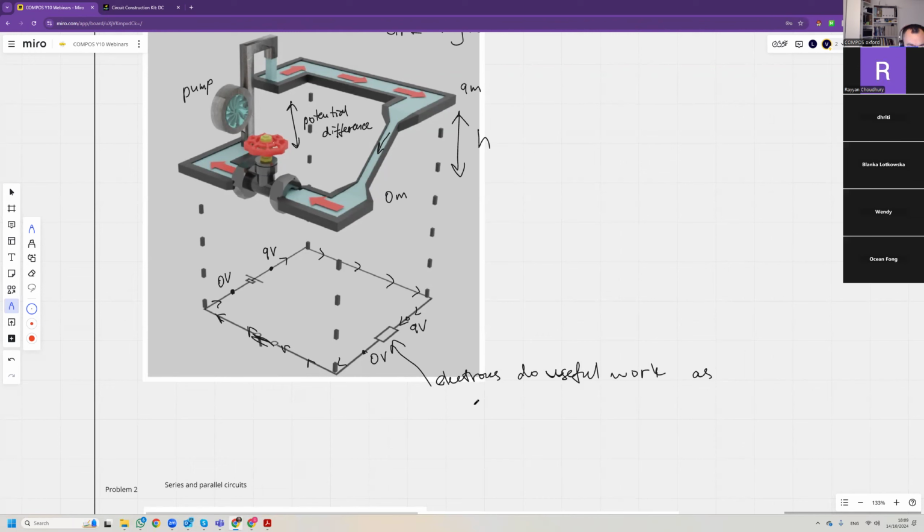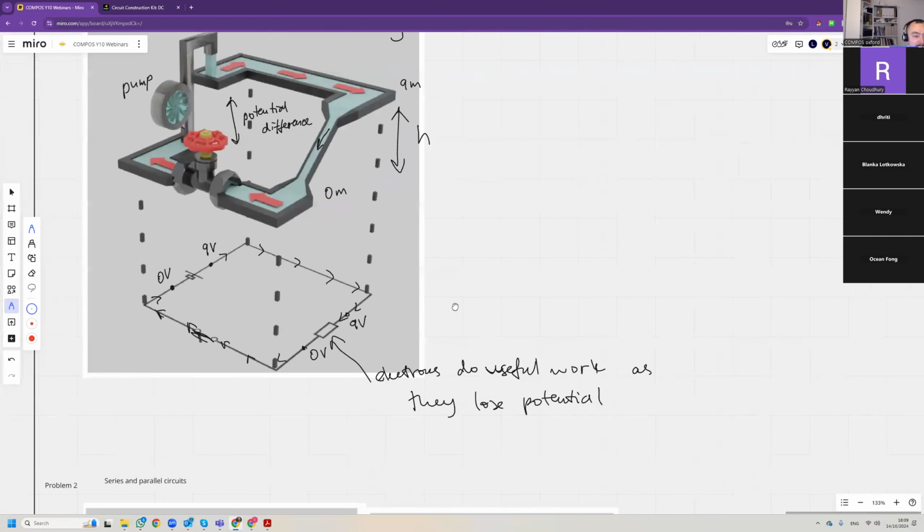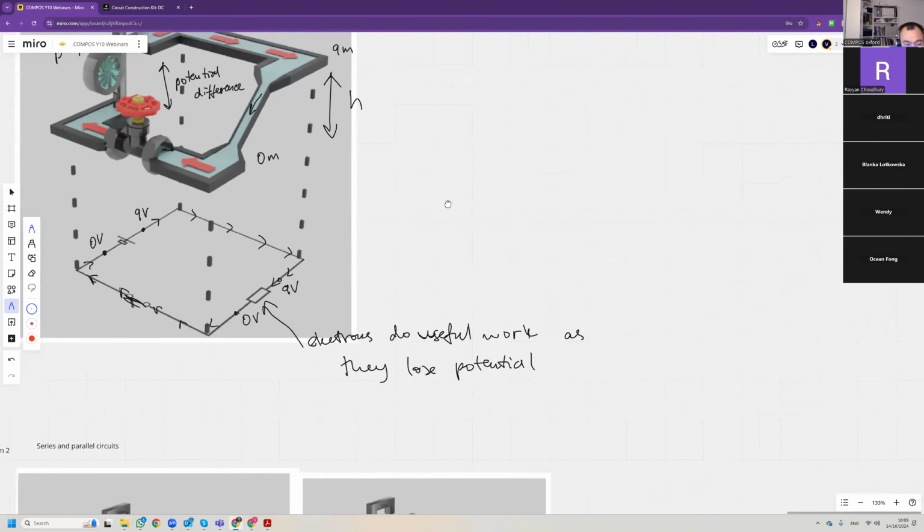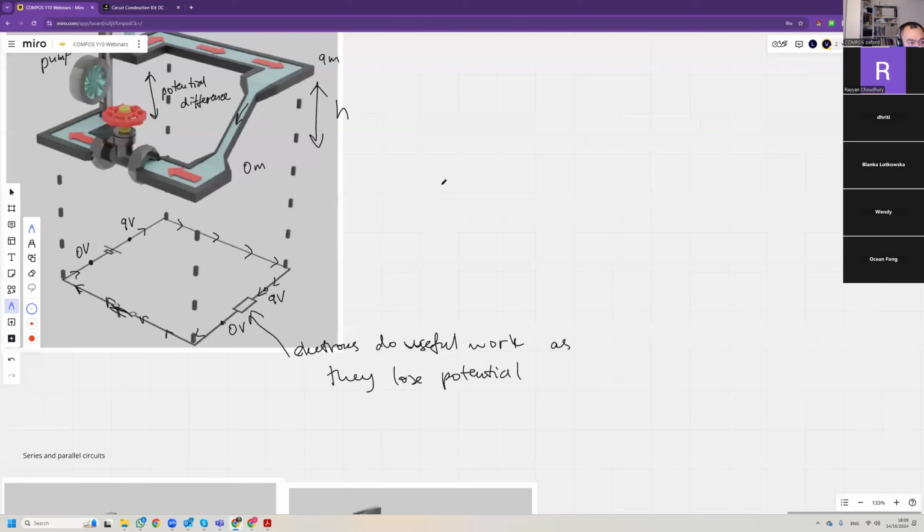as they lose potential. When we say potential, it's very similar to potential energy. You don't need to know what potential is for GCSE, but potential is the energy divided by, well, you do need to know the potential difference, is the energy divided by charge.